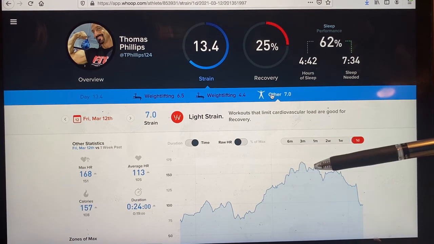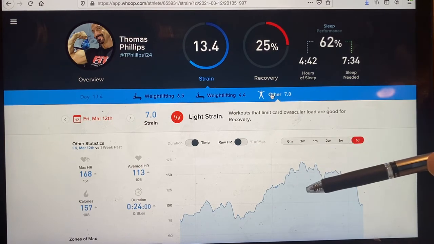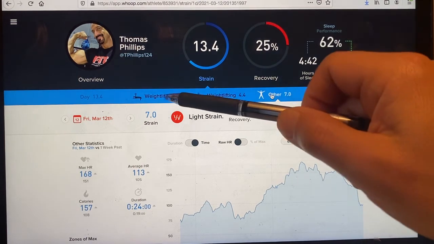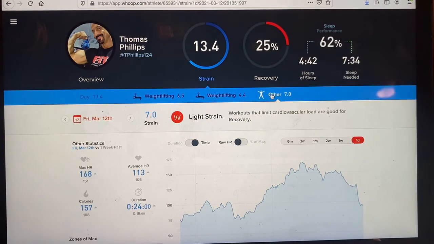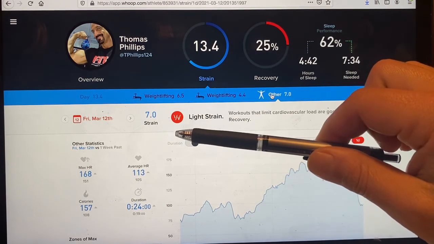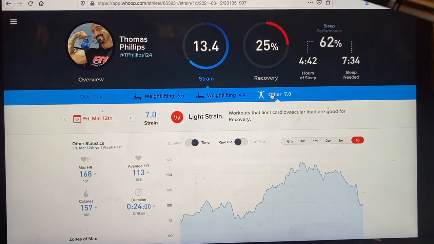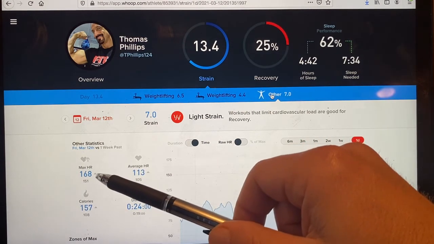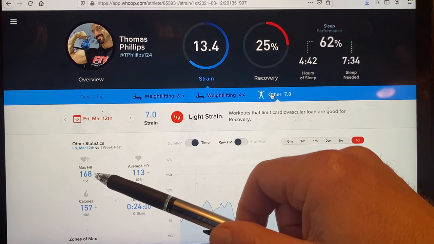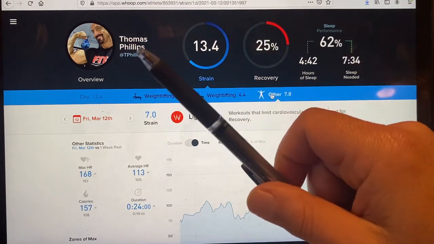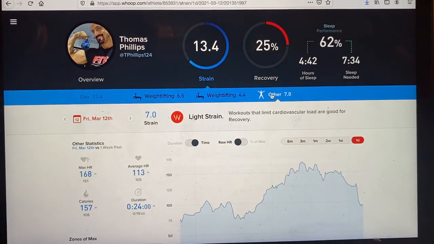But let me ask you a question. What do you think was harder, the sex or the workout in the morning? What do you think literally taxed my body more? Okay, this is what the fundamental flaw is in the technology. Your heart rate is the only thing it has to go by. It cannot perceive muscle contraction.